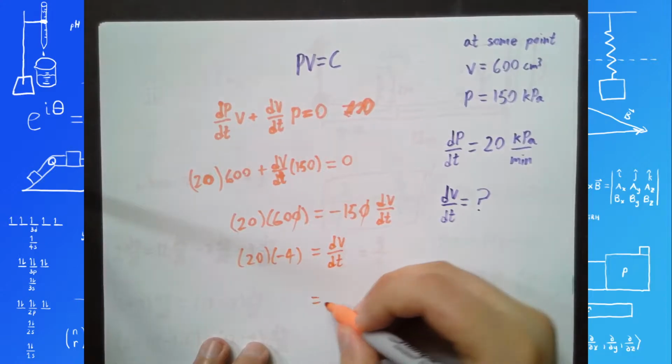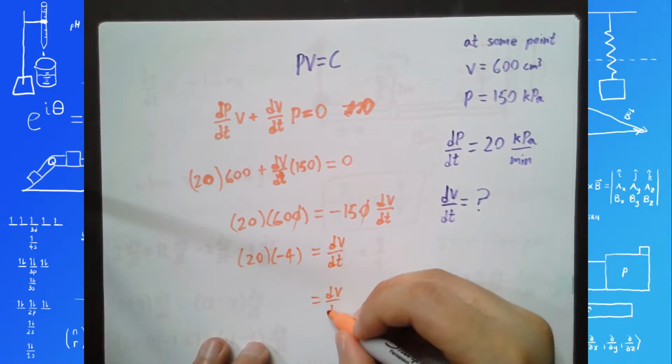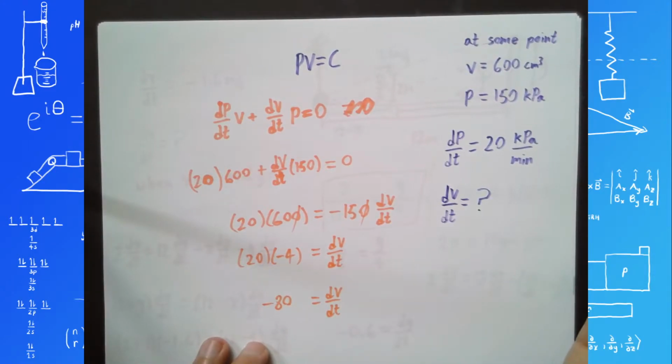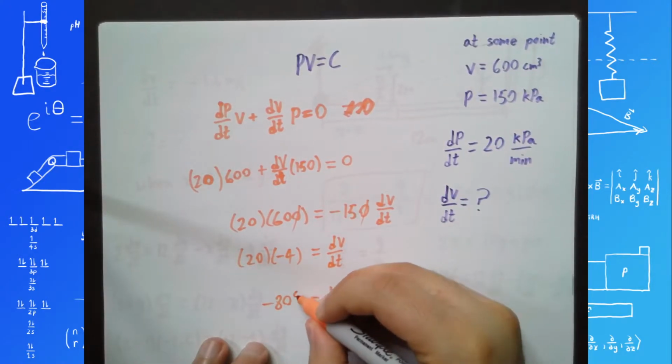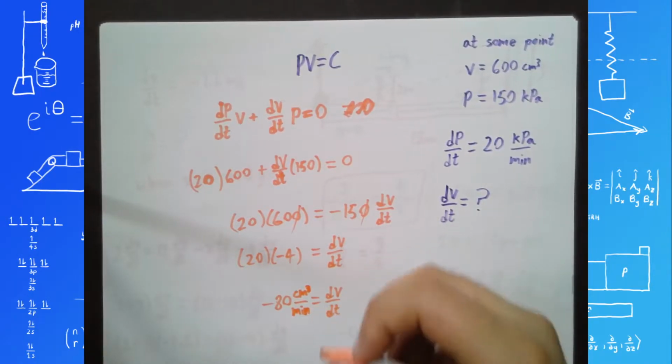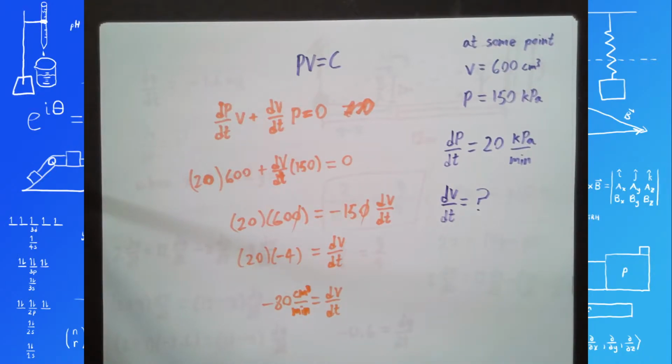So dV/dt is equal to negative 80, and that's going to be cubic centimeters per minute. And if you don't trust that those are the correct units, we can actually follow along and see that the units do work out to be cubic centimeters per minute.